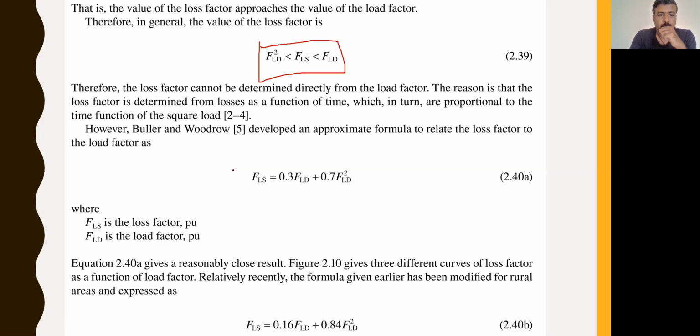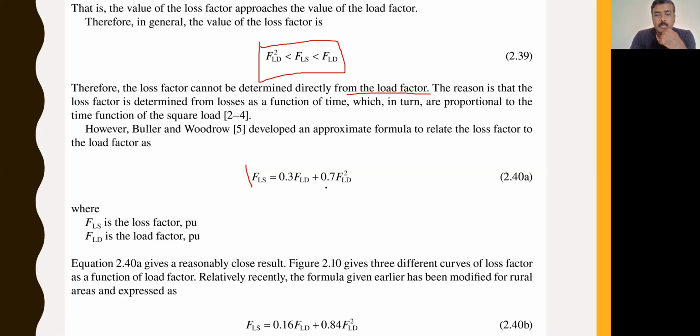By observing this, the loss factor cannot be determined directly from the load factor, as I mentioned earlier. The reason is that the loss factor is determined from the losses as a function of time, which in turn are proportional to the time function of the square of the load. That is the reason we cannot directly determine the loss factor from the load factor.